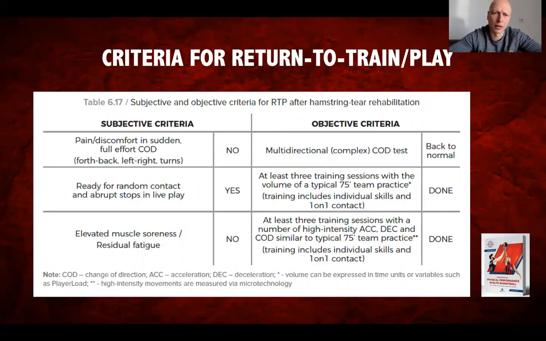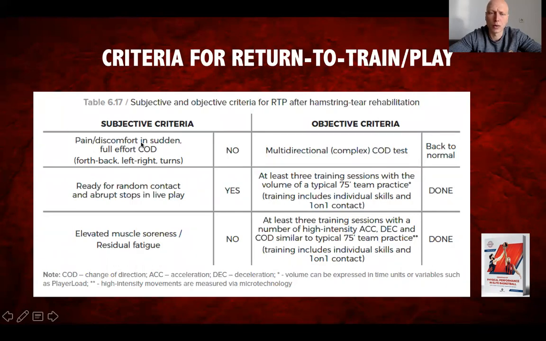So from the subjective part, I think it's very important that a player in the last stage of rehabilitation, when he's about to join the team to train again, is pain free.